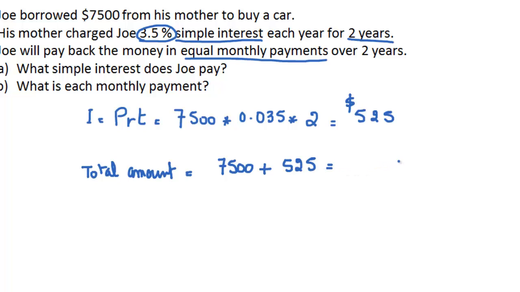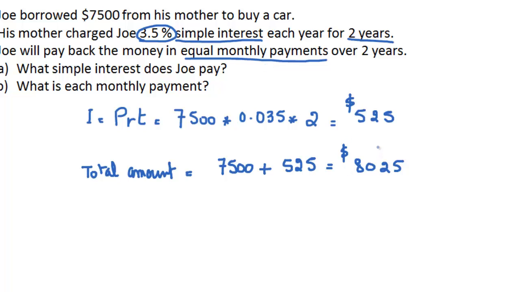So 5 plus 0, 5, 2 plus 0, 2, 5 and 5, 10, I have 1, so $8,025. Now, he wants to break all of that and to pay equal monthly payments for the 2 years.